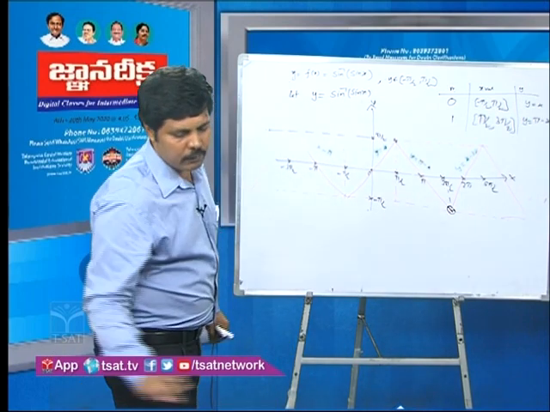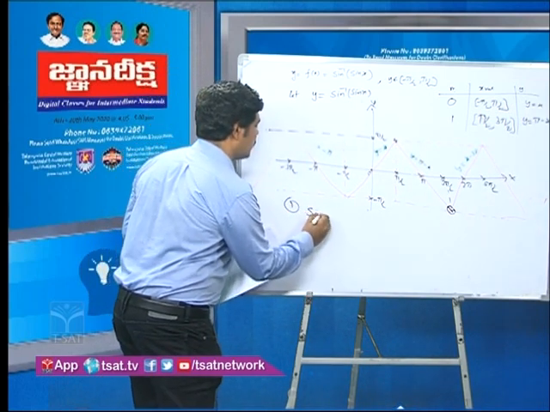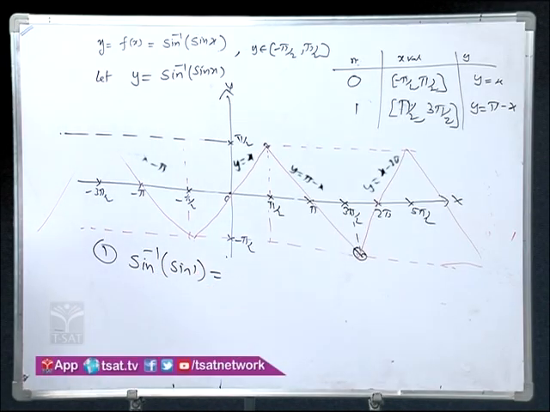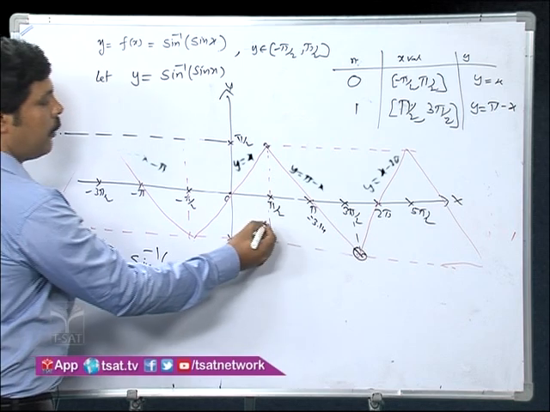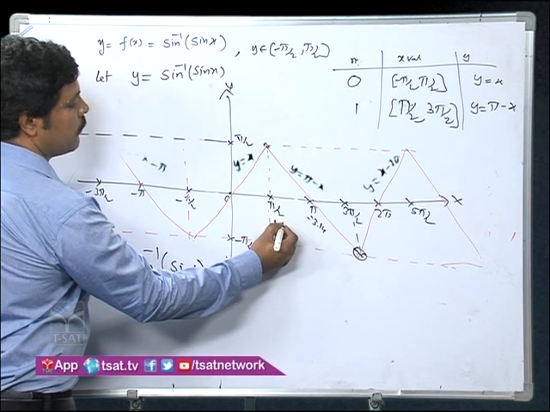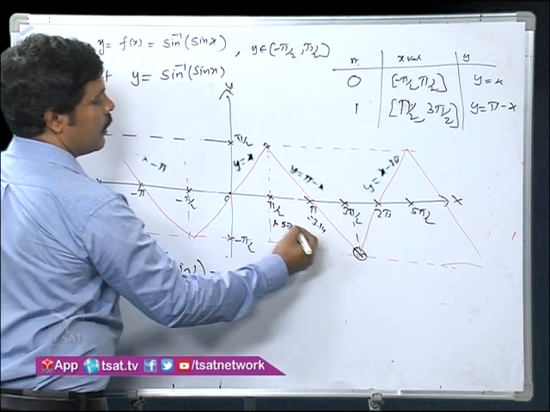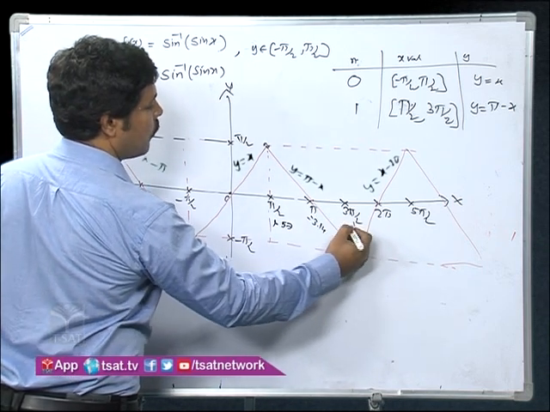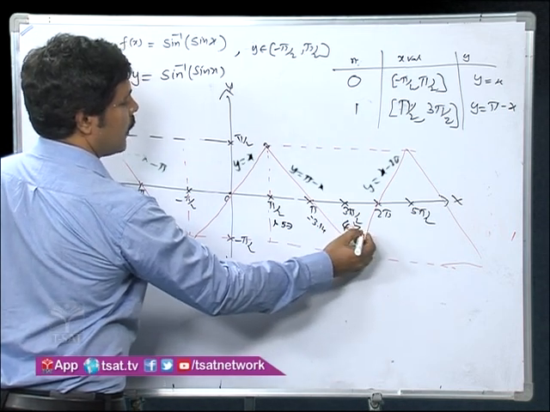And an important one is sin inverse of sin 1. Problem number 1: sin inverse of sin 1. We know that pi is 3.14, pi by 2 is 1.57, and 3 pi by 2 is 4.71.